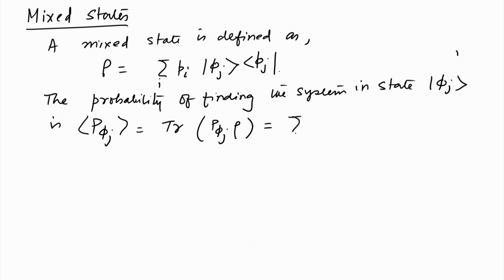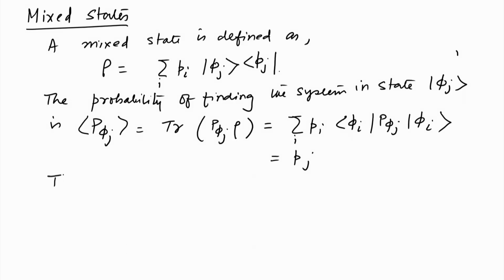This is nothing but the sum over i of p i times the overlap of phi i with p phi j and phi i, and this is nothing but equal to p j.